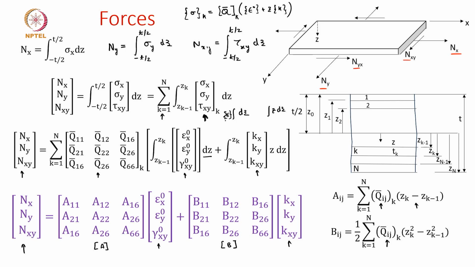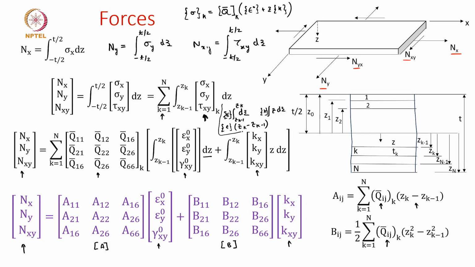Let's say these are the mid surface strains and these are the curvatures which are taken out of the integral. And now once we apply it, the integral of dz, going from zk minus 1 to zk, we should be writing as epsilon times zk minus zk minus 1. That's exactly what we have written for the A matrix.